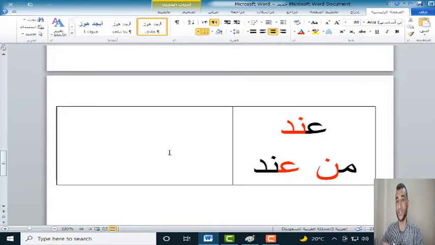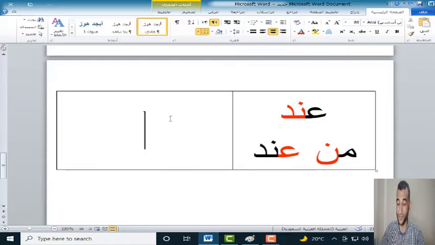But for the nun of tanween, you cannot find the rule except between two words, like this: سميعا بصيرا.